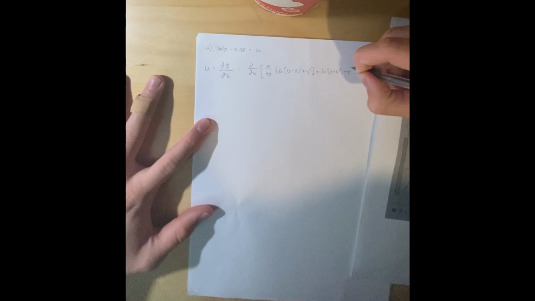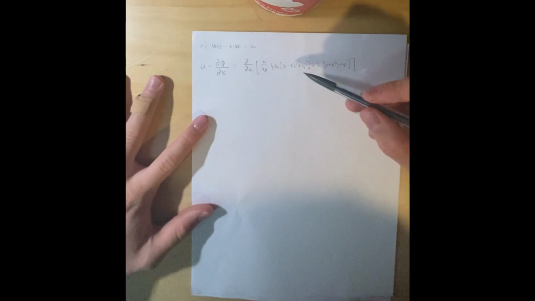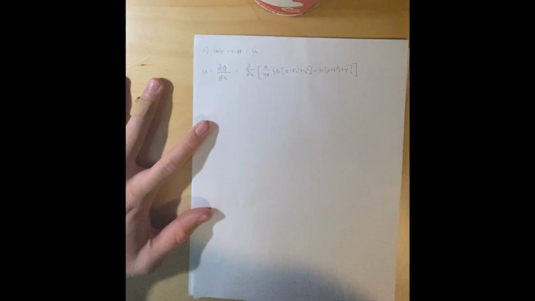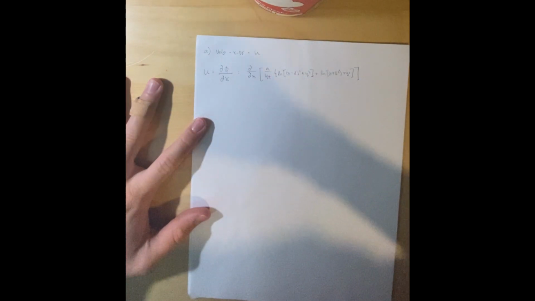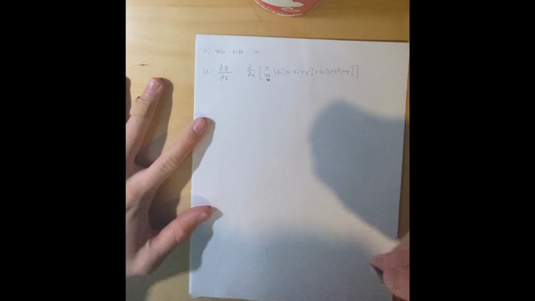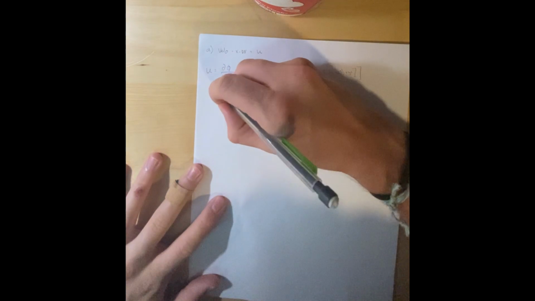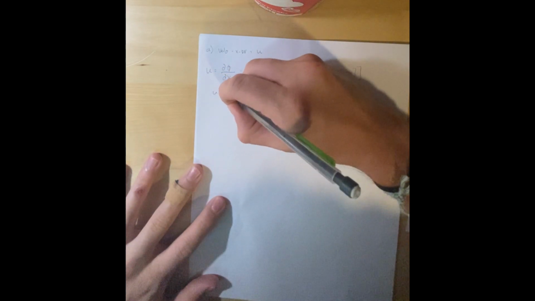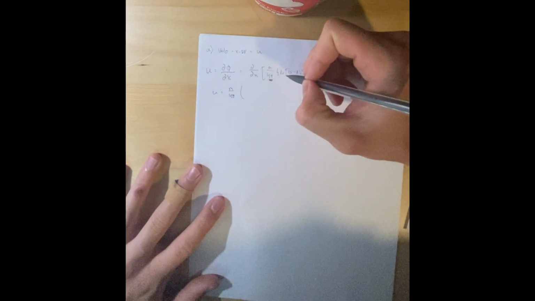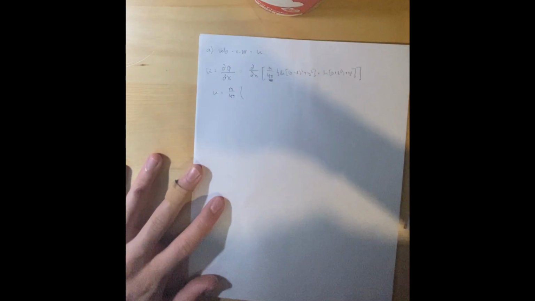plus y squared. Alright, and so we're going to take the derivative with respect to x here in order to get our x component of the velocity. Doing that, m over 4 pi goes out to the front because it's a constant. So u is equal to m over 4 pi, and then the inner piece of this, we're going to take the derivative of both of these terms with respect to x.